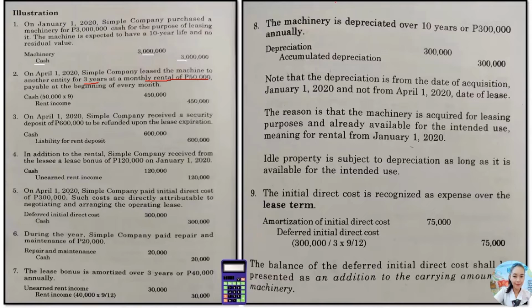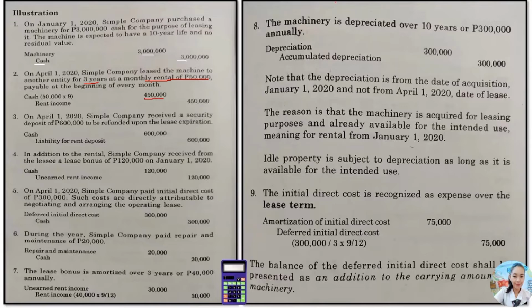Right, so at year end, like in December 31, 2020, so irecognize ni Simple Company or ni lessor nga income is amounting to 450,000.